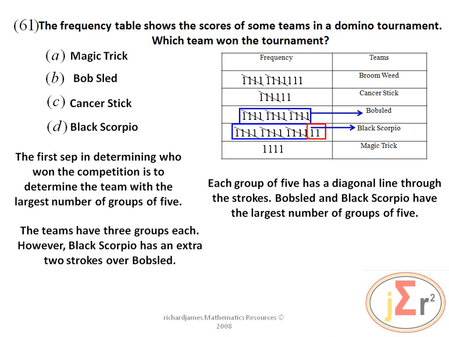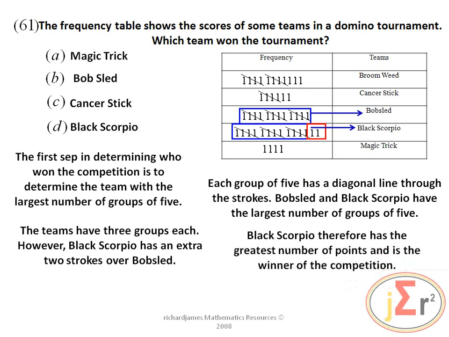So look at that. We notice that they have the same number of groups of 5, but Black Scorpio has an extra 2 points. Black Scorpio therefore has the greatest number of points and is the winner of the competition. The correct answer is option D.